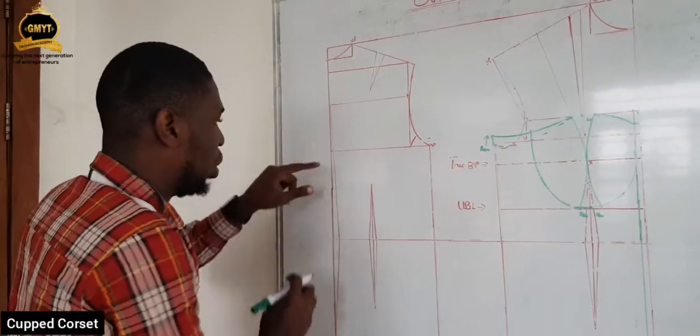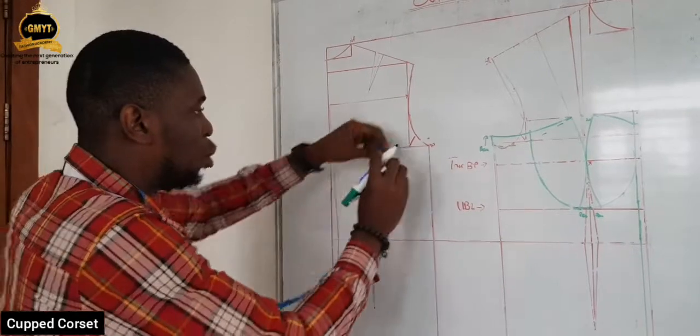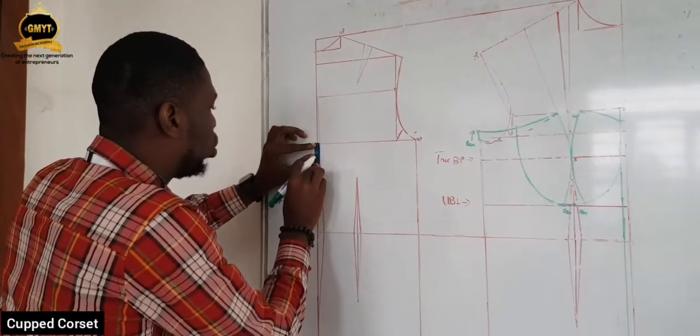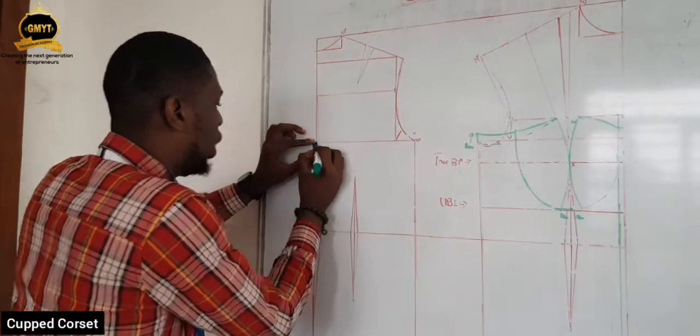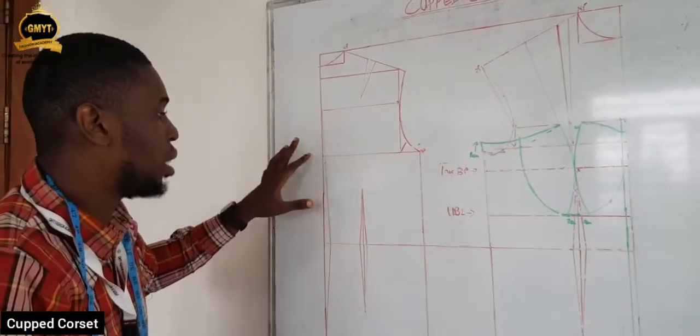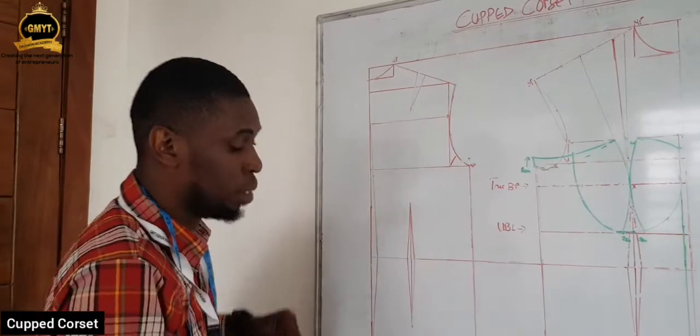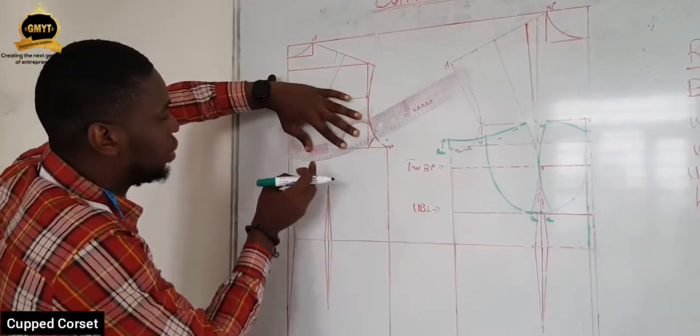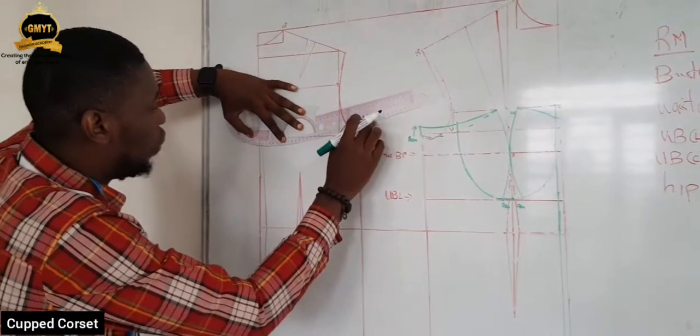I'm doing 2 cm on the UP, so automatically I'll be doing at least 2 cm on the center part of the back pattern. Then you can connect it directly using your French curve.